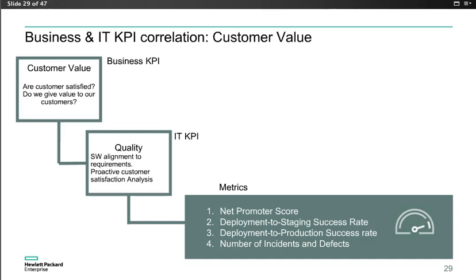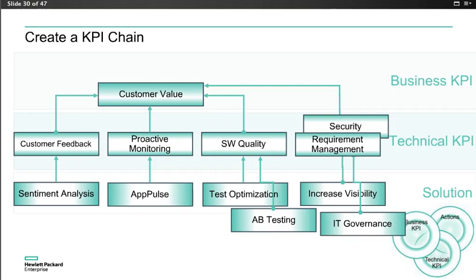These discussions are based on this graphical interpretation of KPIs. We can help the customer understand what part of software delivery they should focus on in respect of the DevOps mechanism. You can also look at the same KPI chain from a different perspective, for example using swim lanes like business KPI, technical KPI, and the solution that will be utilized to get these KPIs.